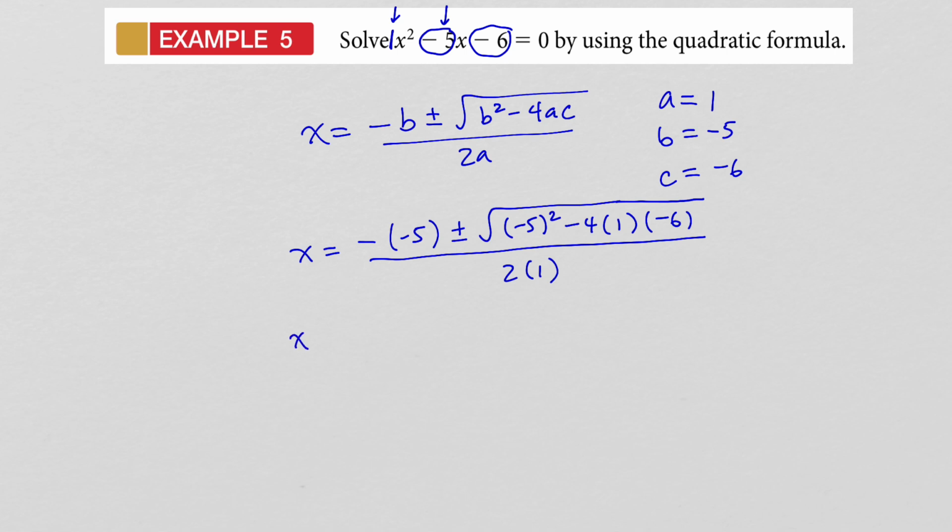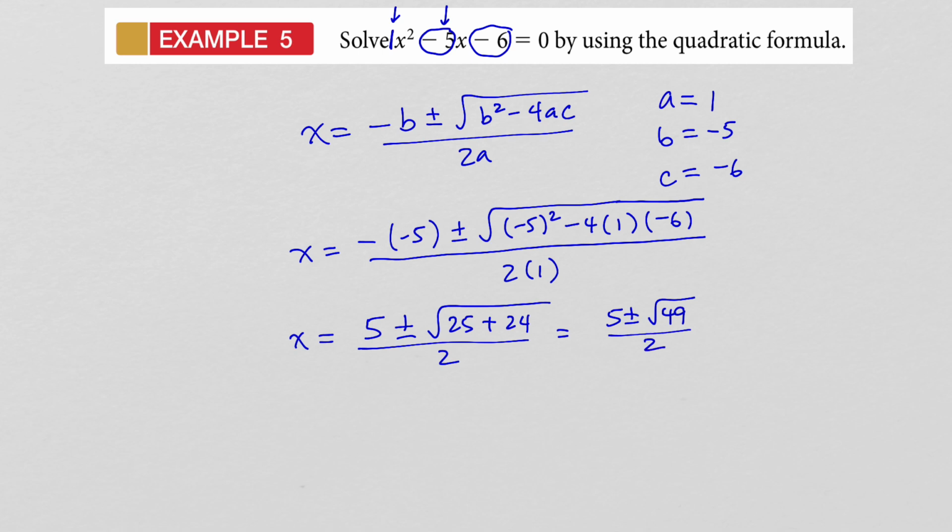Now we're just going to do the arithmetic. So negative negative 5 is 5. Inside the radical, negative 5 squared is 25, right? And then negative 4 times 1 times negative 6 is positive 24, divided by 2. This is 5 plus or minus the square root of 49, all divided by 2.